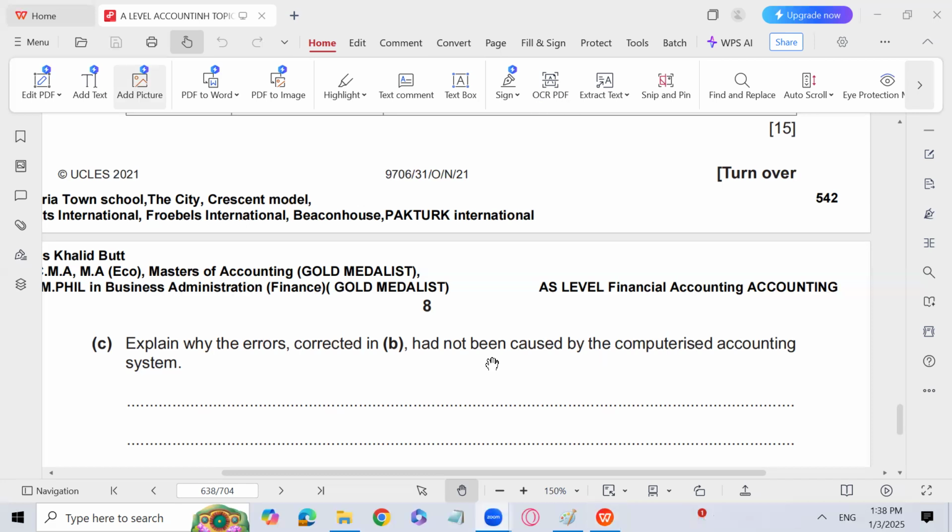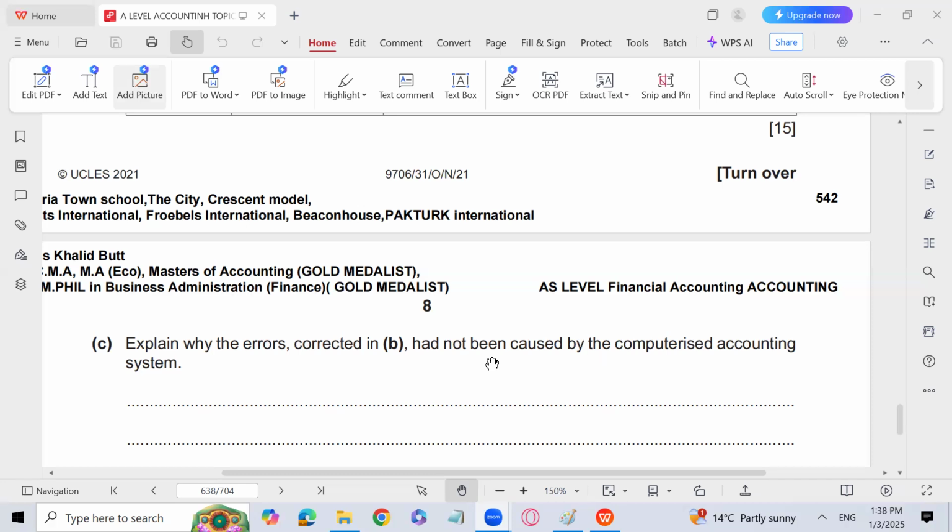That will be the data input. That is going to be the errors in the processing of data. In the processing of data, maybe an amount has been entered wrongly, or it has been calculated wrongly. We have to give a formula for addition, but we have given the formula to the computer as subtraction. These kinds of errors.